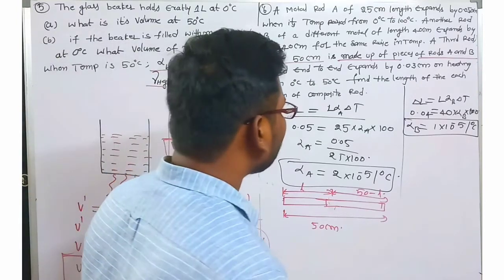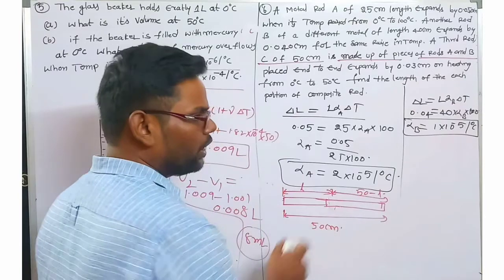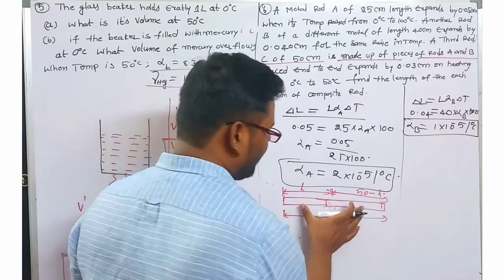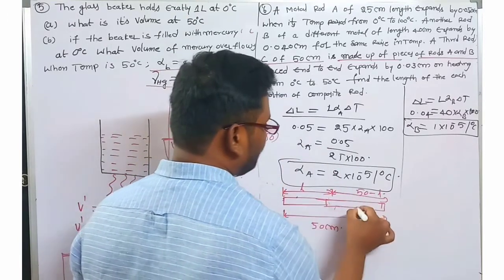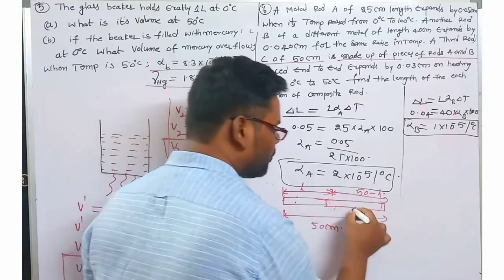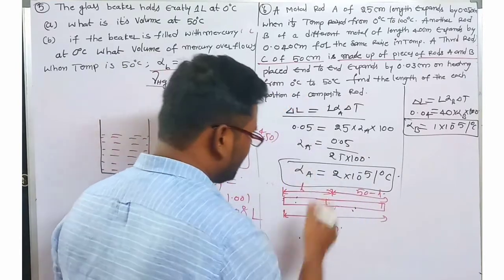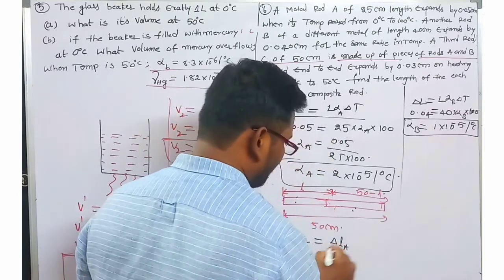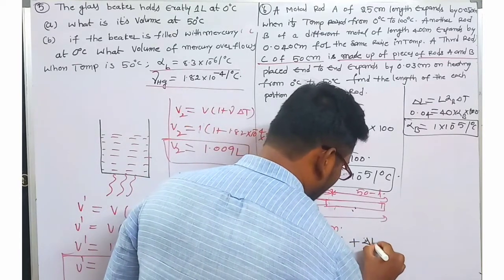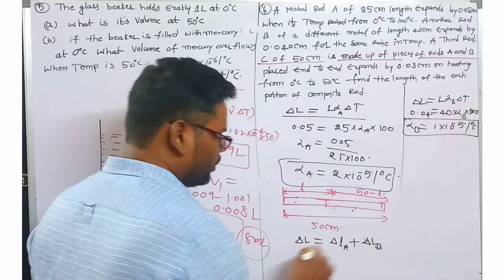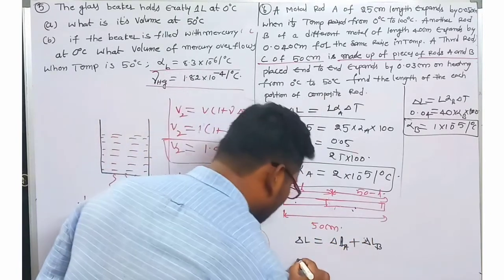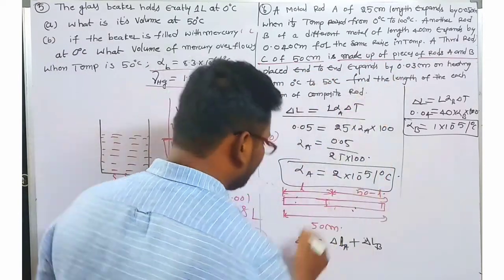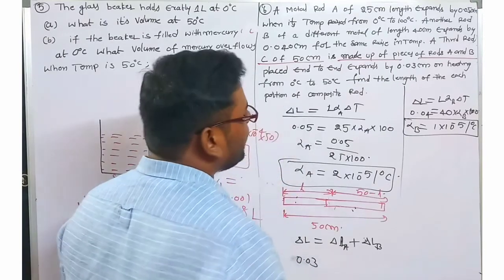Now for rod C, that is the combination of a piece of rod A and a piece of rod B, the change in length is delta L equal to delta LA plus delta LB, right. In the question itself they have given that it expands by 0.03 centimeters.